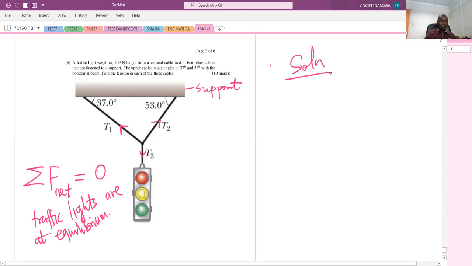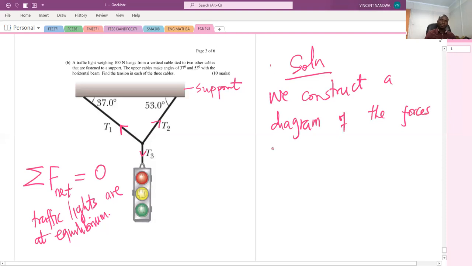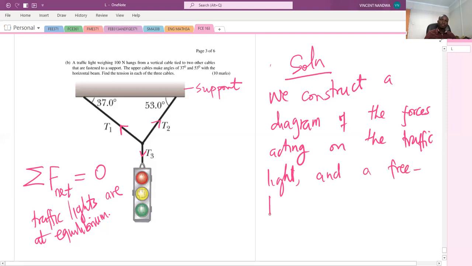So we'll say that we construct a diagram of the forces acting on the traffic light and a free body diagram for the knot.